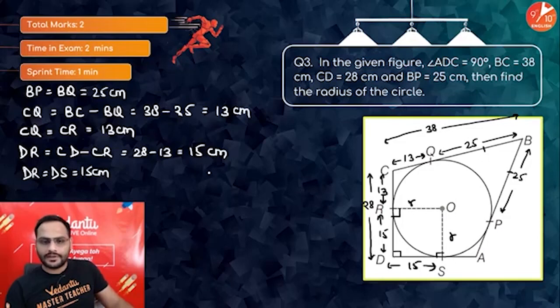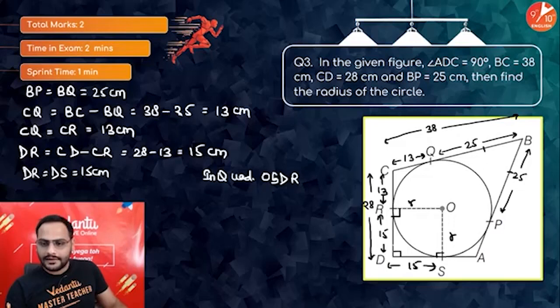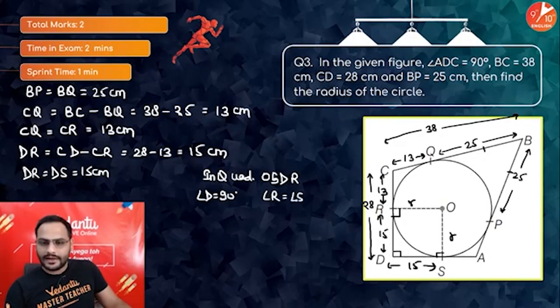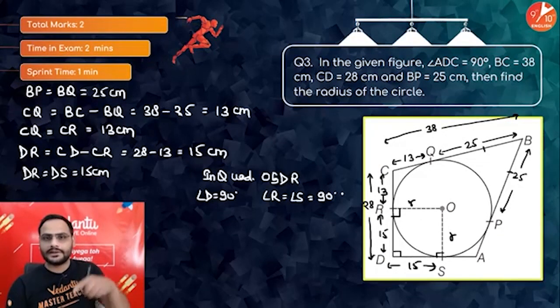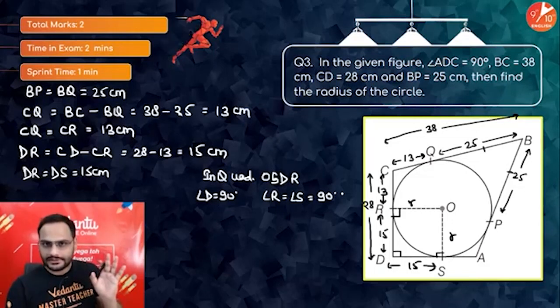Now also I can say, in quadrilateral OSDR, first thing, this angle D is given 90 degrees. I can also say angle S and angle R will also be 90 degrees, because the radius at the point of contact is perpendicular to the tangent, right?